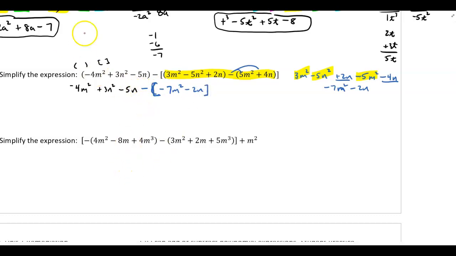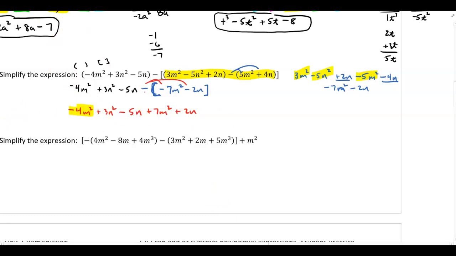So now what I have to do is distribute this minus sign. So negative 4m squared plus 3n squared minus 5n. But now distribute this minus, a negative and negative make that positive 7m squared. And then a negative 2n becomes a positive 2n. So now I combine like terms.